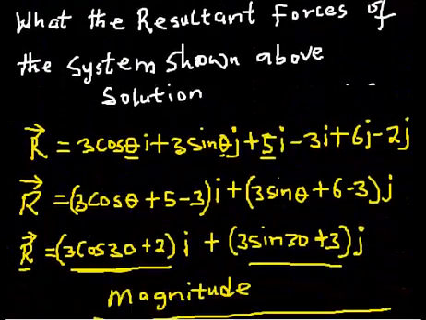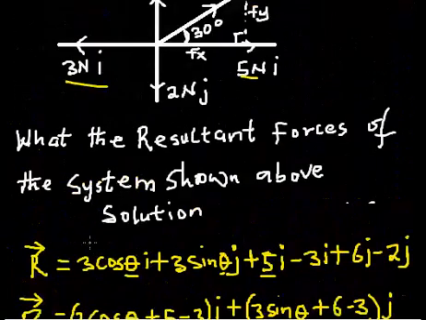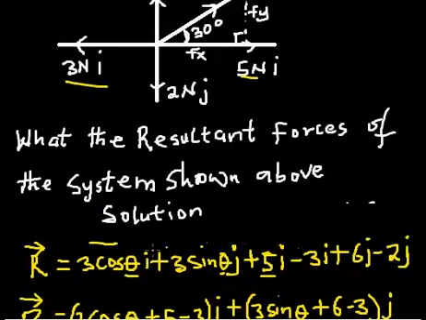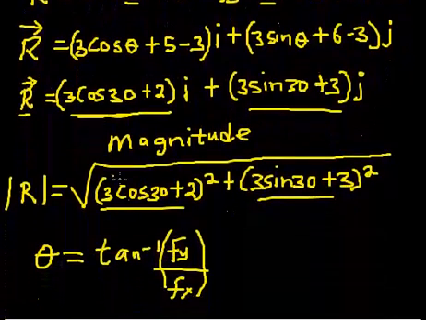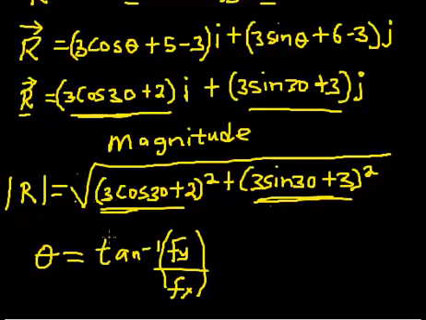Once you can express them in their horizontal and vertical components in terms of the unit vector, it is easy for you to add or subtract them. Then after doing that, you can always get the magnitude by applying this particular theorem, which is Pythagoras theorem.